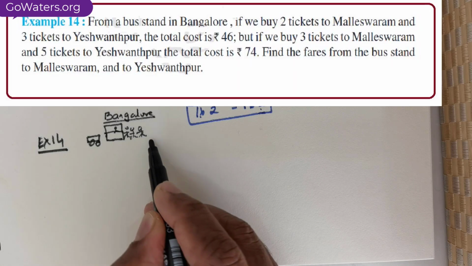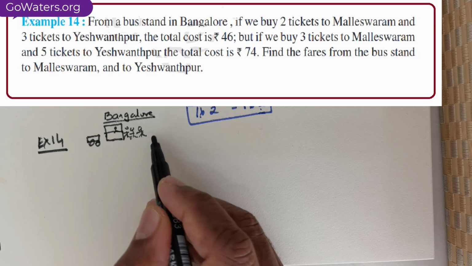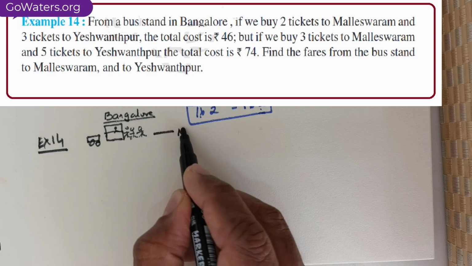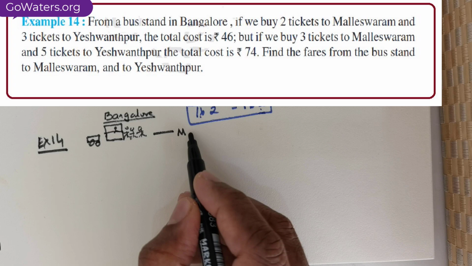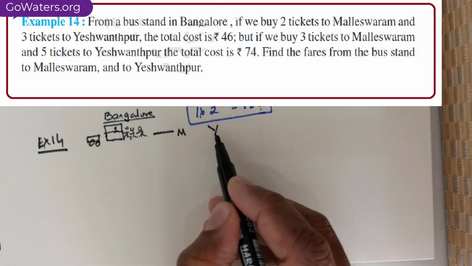Now from here they are taking tickets to various cities, and we've been given two such places. One is Malleshwaram and the other place is Yeshwantpur.